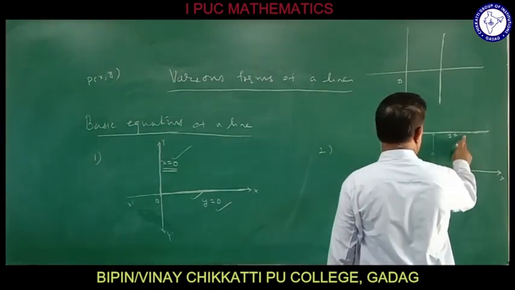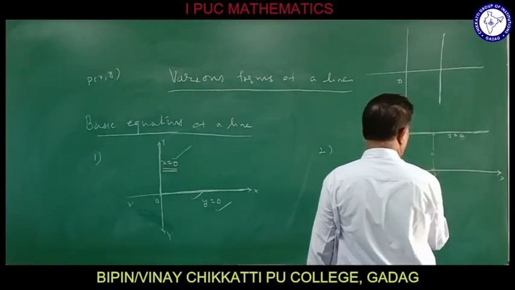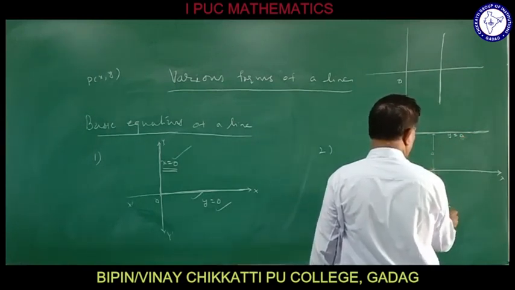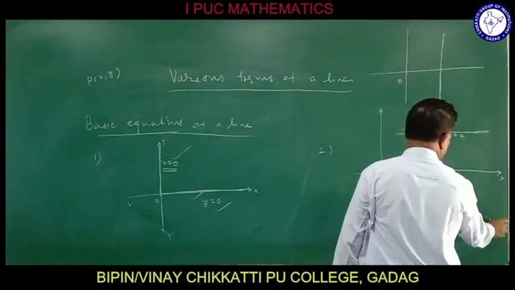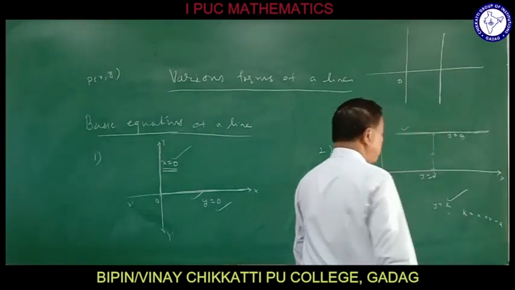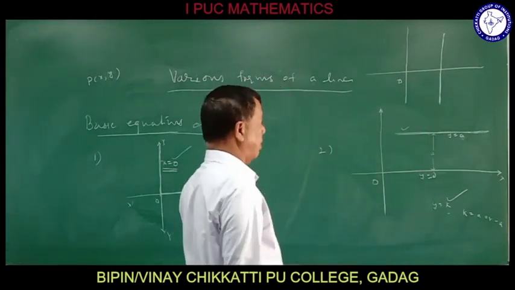In general if you write y equal to k, where k is equal to a or minus a, then y is equal to k is the equation of the horizontal line in general.